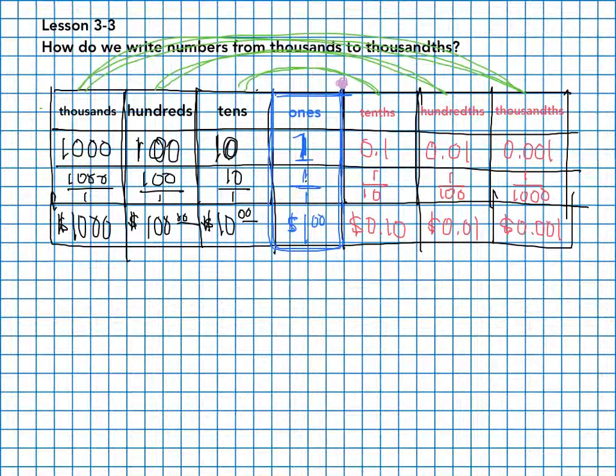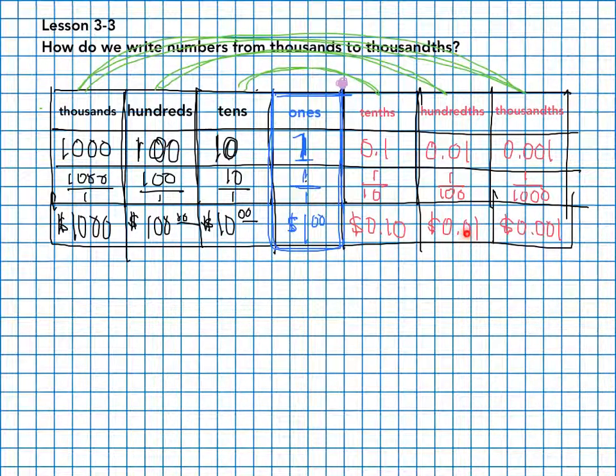Now, I want you to look at this, this is kind of where our balance goes off. Well, not goes off, but it's 10 cents. It doesn't quite look the same. We kind of lose a little bit. But what I want you to think about is that the number of zeros is the number of places to the right of the decimal point.